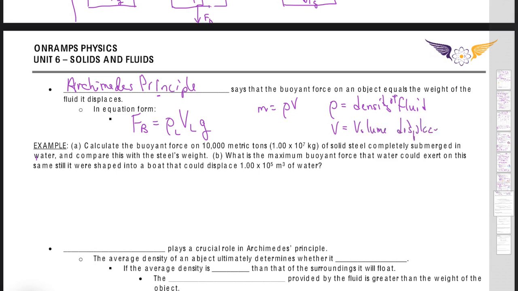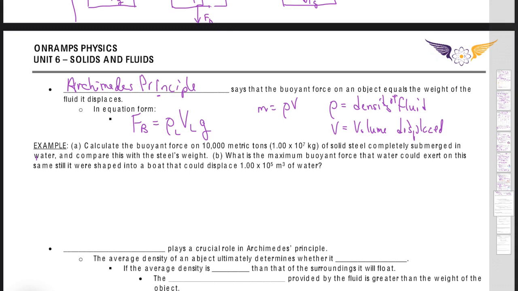If you ever took an earth science class, a teacher may have asked you what's the density of this odd looking figure. Well, one of the ways to find the volume is to drop it into water and see how far that water rises, because that would be the volume of that object.